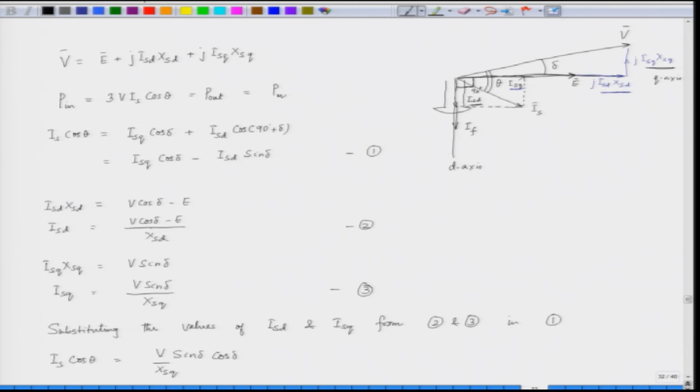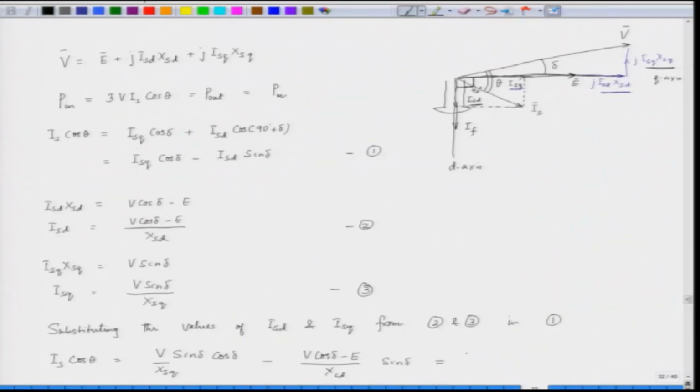Isd is given by this equation. So, minus V cos delta minus E by Xsd into sin delta. Now, we have the product of sin delta and cos delta. We know that sin delta into cos delta is sin 2 delta by 2.